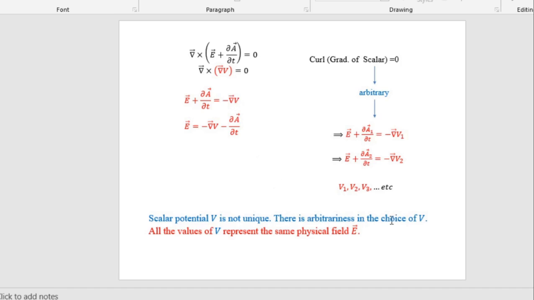There is arbitrariness in the choice of V. We can choose any arbitrary value of this potential, and all such arbitrary values of V will represent the same physical field E. That means any arbitrary value of this scalar potential V will represent the same electric field E.